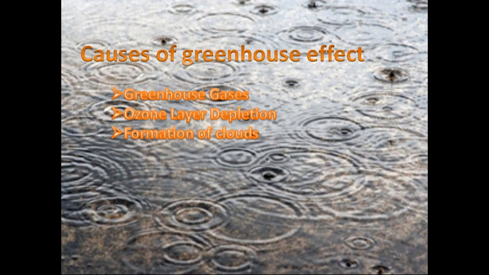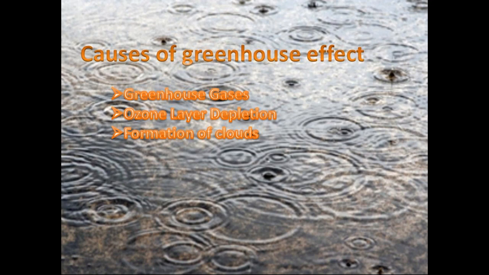Naturally, the natural greenhouse gases do not have much of a negative effect, rather the positive effect, which helps us to radiate the heat down to the earth crust. But these anthropogenic greenhouse gases, which are being produced by man and emitted into the atmosphere, cause a whole lot of problems.